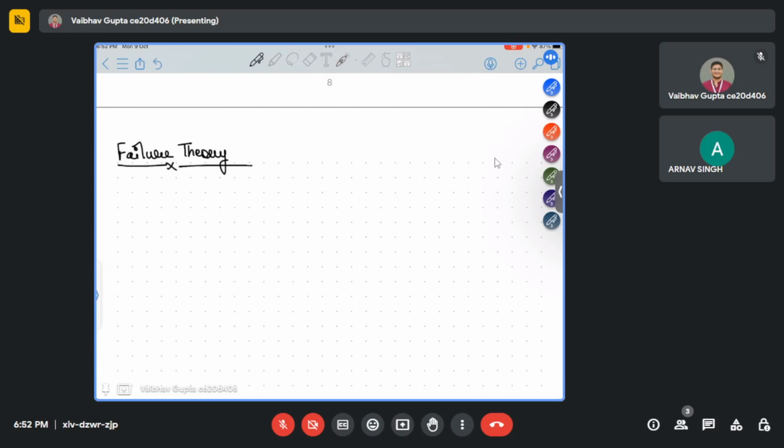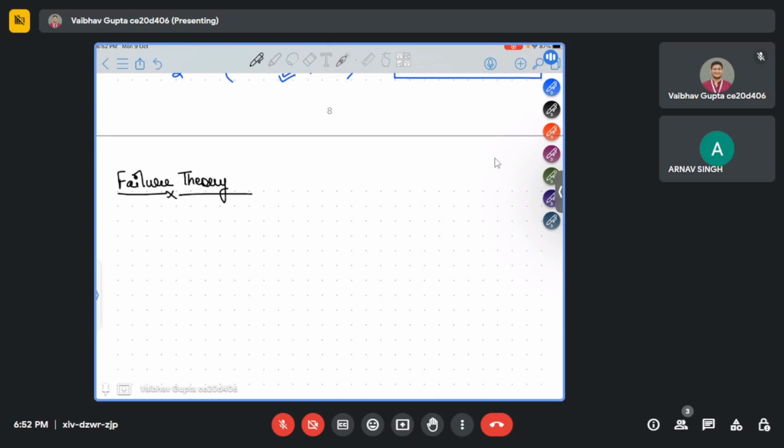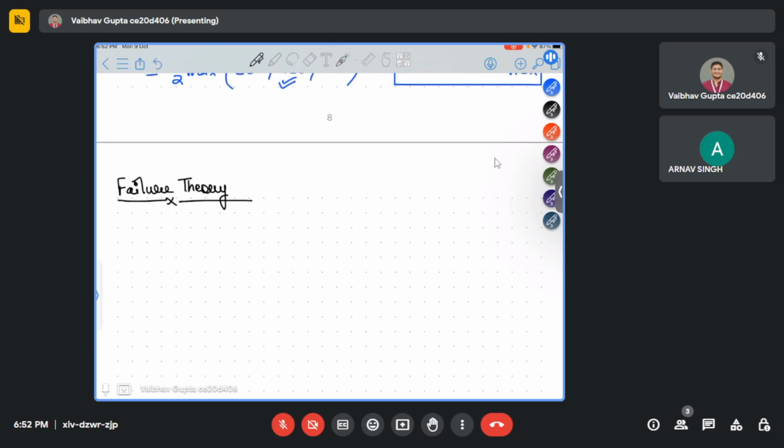So in failure theory, what did you understand? Suppose someone has given you a stress state. You cannot apply an indefinite amount of stress or pressure. It has some material properties, that it can yield up to a certain limit only. Take the example of a rubber band. A rubber band has a capacity of 10 kilonewton of load you can apply.